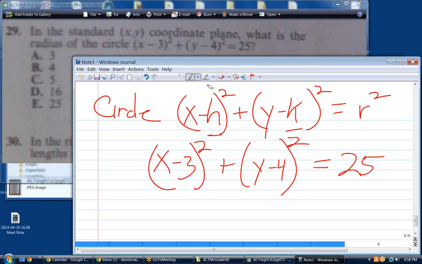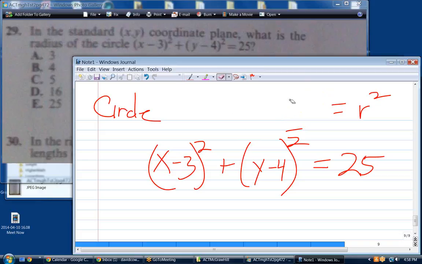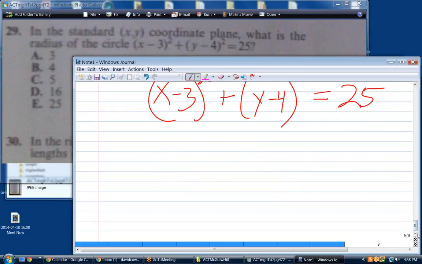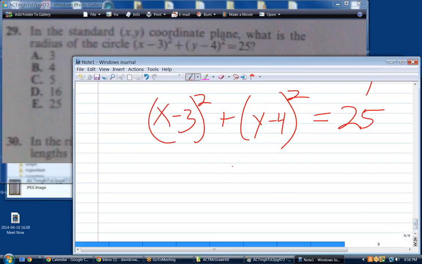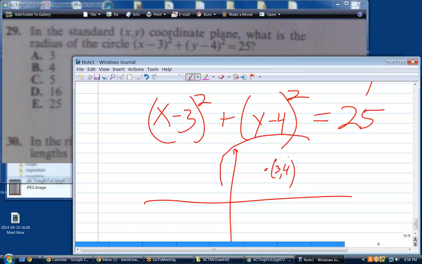What's the center of this circle? 3, 4. Yes. In other words, if I wanted to graph this, it's actually not a function, excuse me, it's called a relation. If I put 3, 4 right there and draw a circle of radius 5 about it, it looks like that.